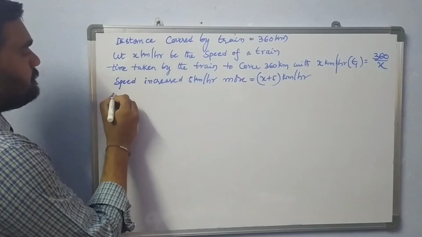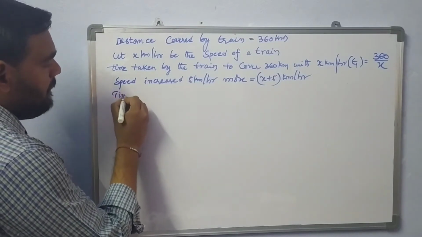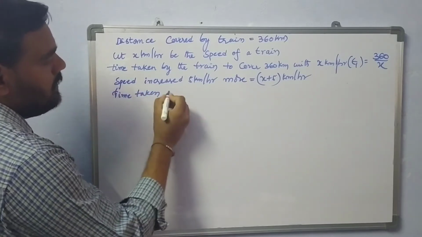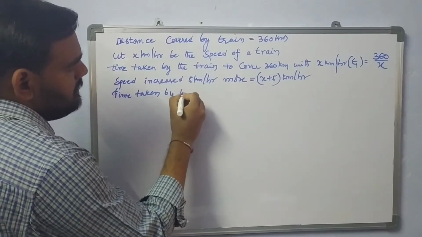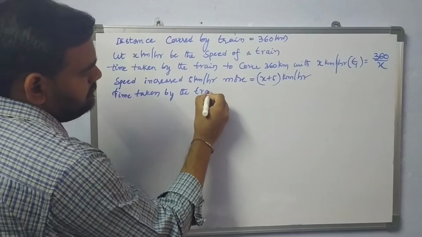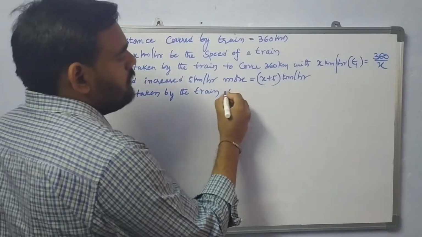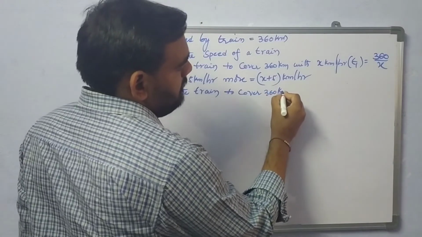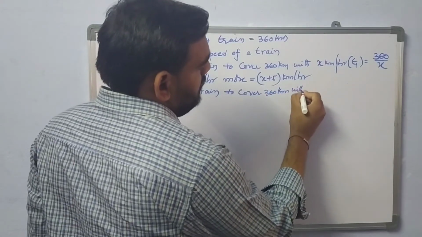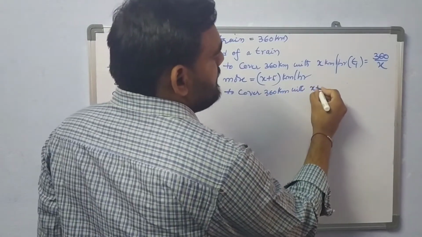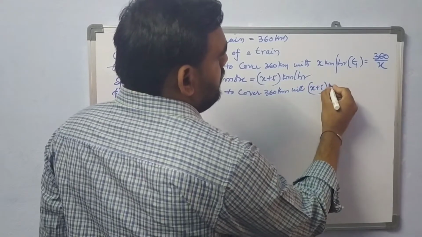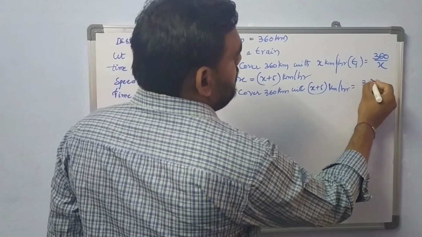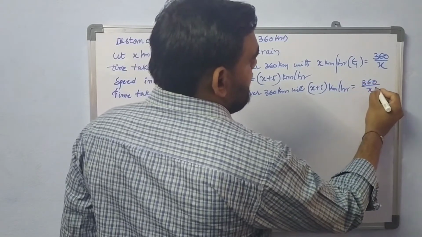After that, the time taken by the train to cover 360 kilometers with x plus 5 kilometers per hour is equal to 360 by x plus 5.